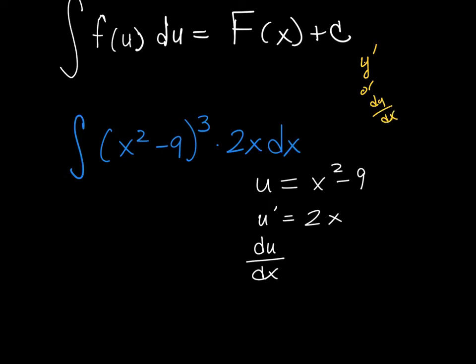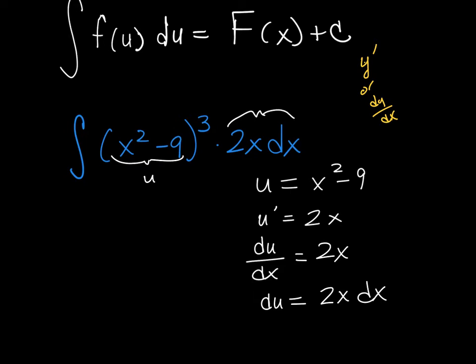So now that is equal to 2x, so du is equal to 2x dx. So all of this inside the parentheses is u. And then all of this on the outside over here is du.